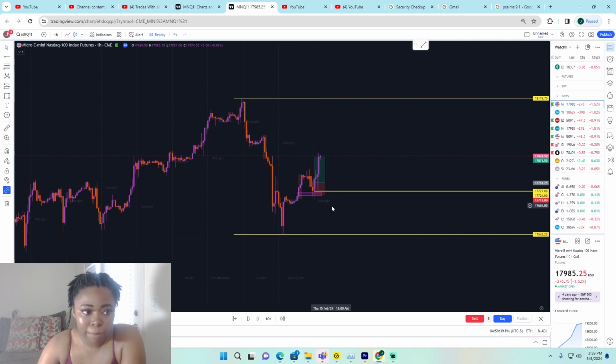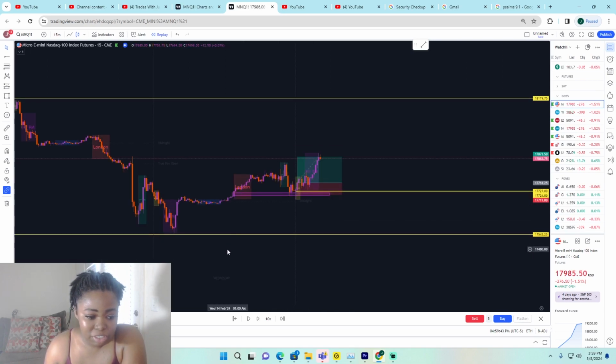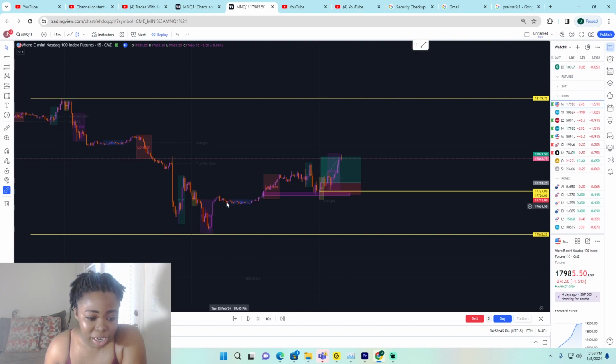So after I marked out those levels on the 1 hour time frame, then I went down to the 15-minute time frame. And like I just said, I would have loved an entry to be right here, really down here in this area, but price didn't come down in this area, and sometimes it does that. And so I just had to wait for another entry.